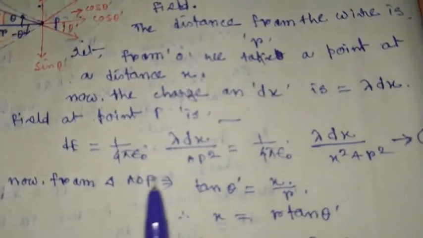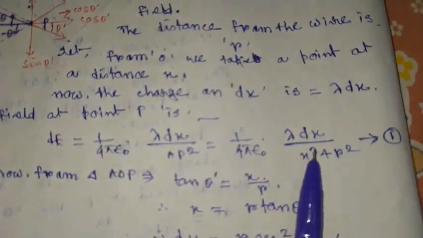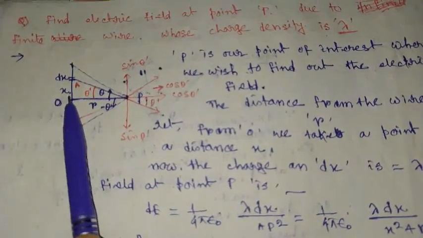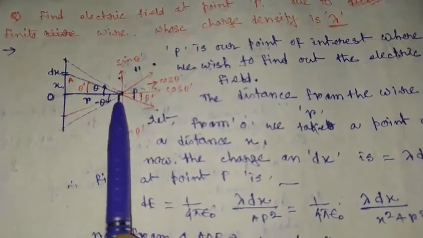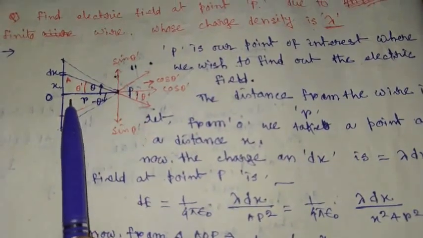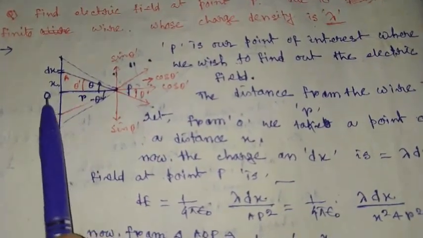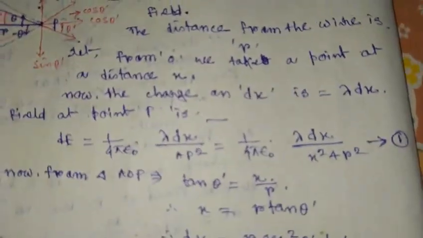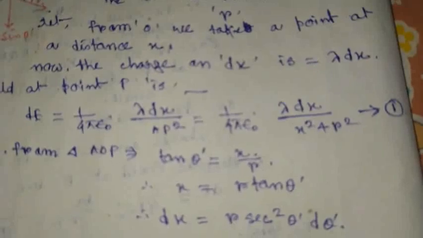Okay, now 1/4 pi epsilon naught lambda dx by x square plus r square, because this distance is x and this distance is r. AOP is a right angle triangle and AP is the hypotenuse, so x square plus r square.